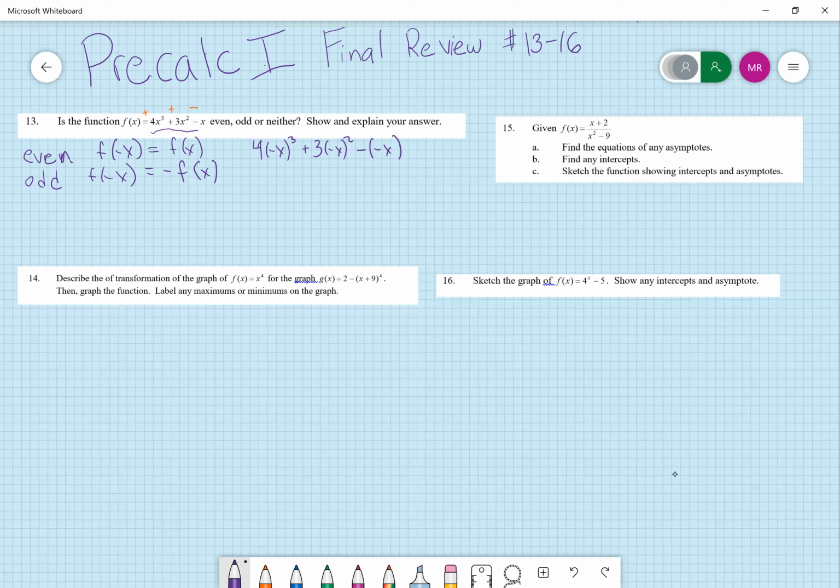Negative 1 times negative 1 times negative 1 is negative 1. So this is going to be negative 4x cubed, and we've got negative x squared, and a negative times a negative is a positive, so this sign stays the same with plus 3x squared. And we've got minus and negative x, which gives us plus x.